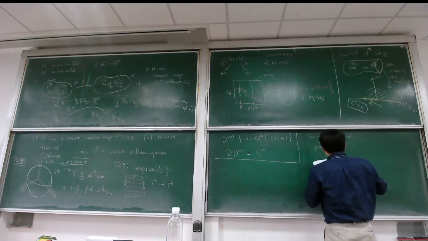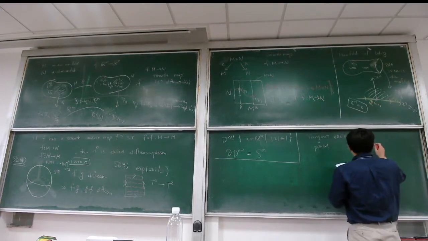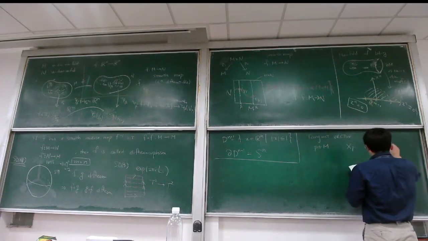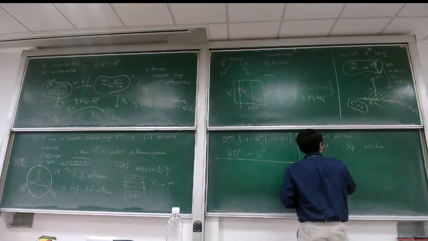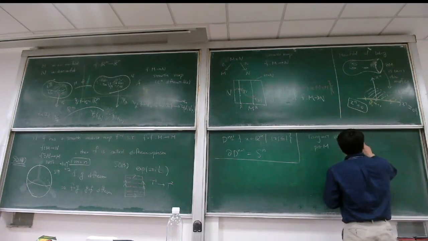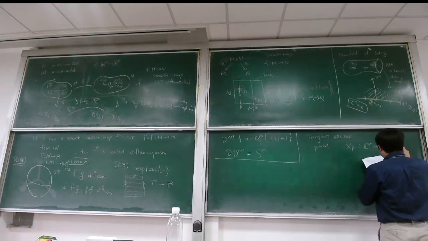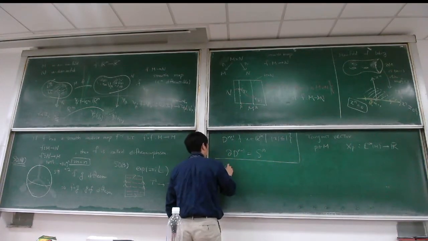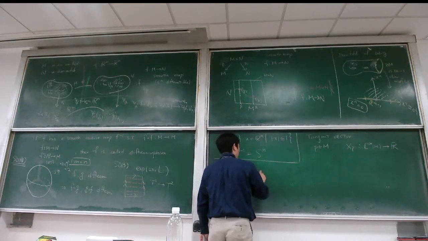So pick a point P, and the tangent vector Xp is called a tangent vector if it satisfies the following. Xp is actually a map from some smooth function to R. The notation C infinity of M is all the maps from M to R.